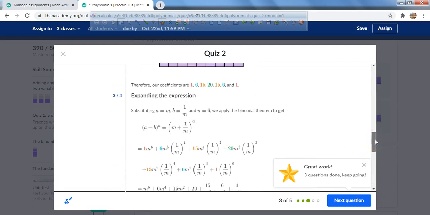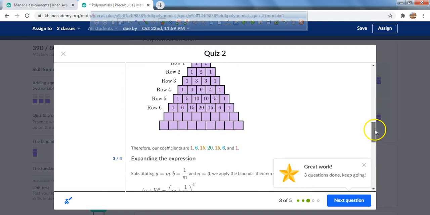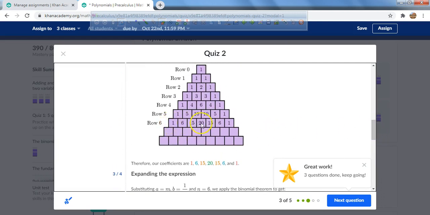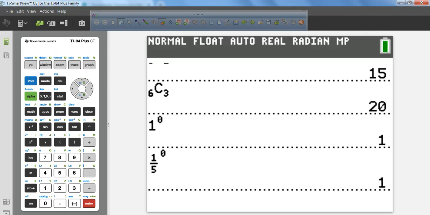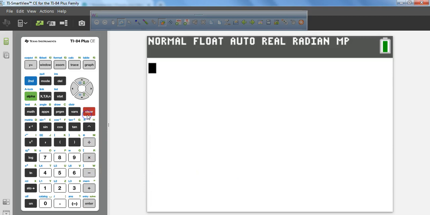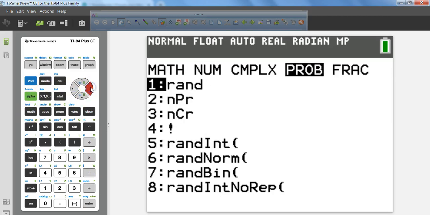All right. So basically, you can see how they did the rows just like we did the rows. Now in the calculator, you can find those rows if you wanted to. I'm going to go ahead and clear this all. If you hit Math, go over to Probability, and you go to nCr, which is your combinations, you press Enter.